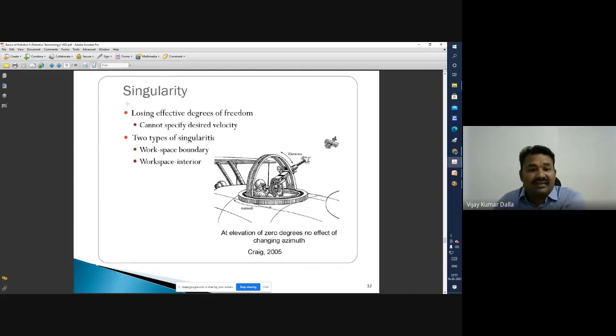This figure denotes an example of singularity. The person was earlier targeting and firing at the enemy, the plane, but later due to singularity, he was unable to target. Why? Because it was losing one degree of freedom.